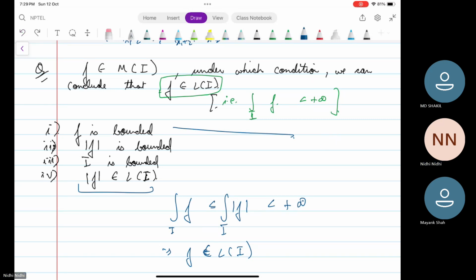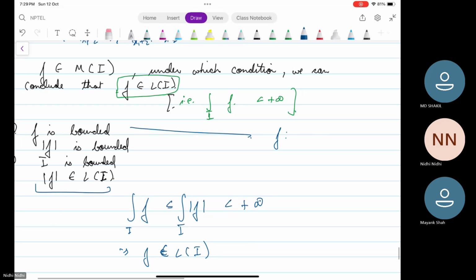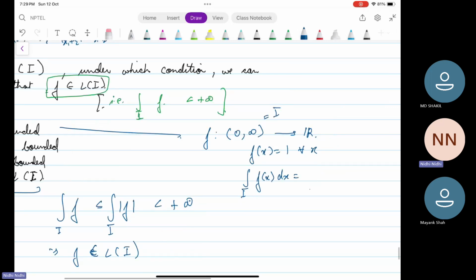Suppose f is from 0 to infinity to R, and f(x) equals 1 for every x; this is I. In that case, the integral over I, if it is integrable, will be the measure of I. Since this interval is unbounded, its measure is infinity.